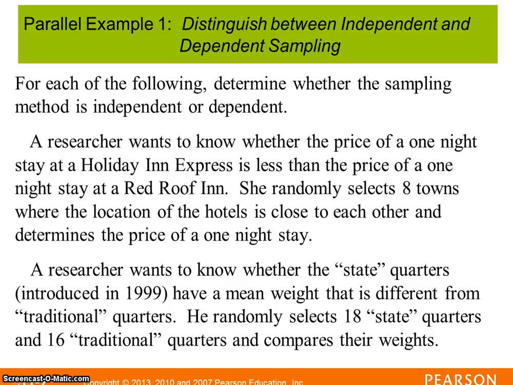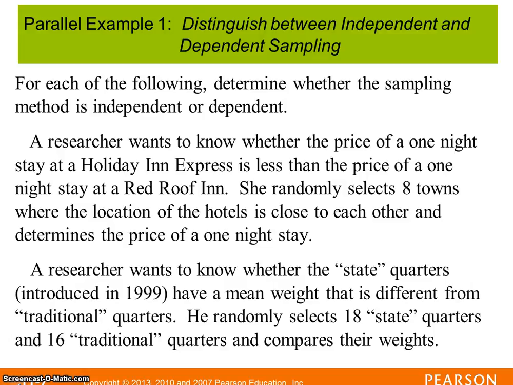So the question is, is this an independent or dependent sample? This should be a dependent sample, since the hotels can be matched by town, so the price of one hotel in the same town might affect the price of another hotel in the same town. So the first example here would be dependent.